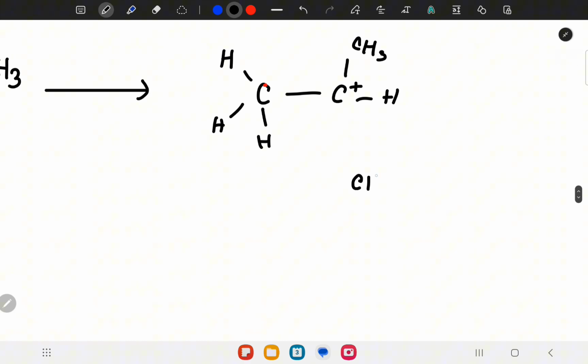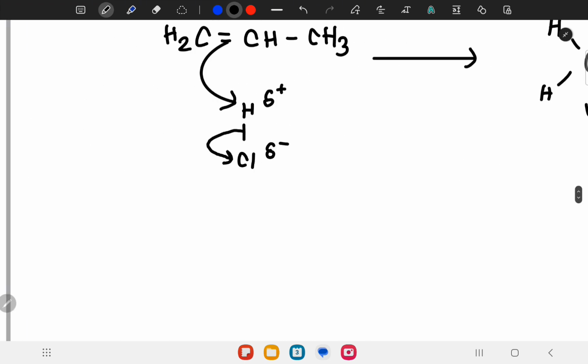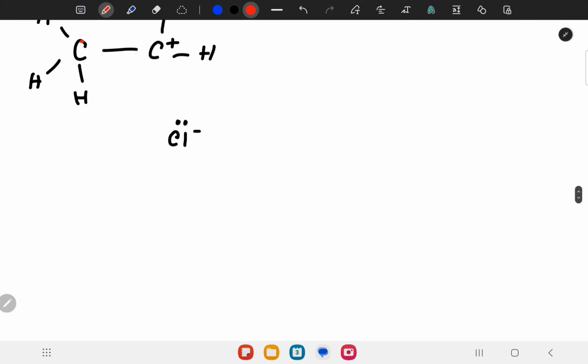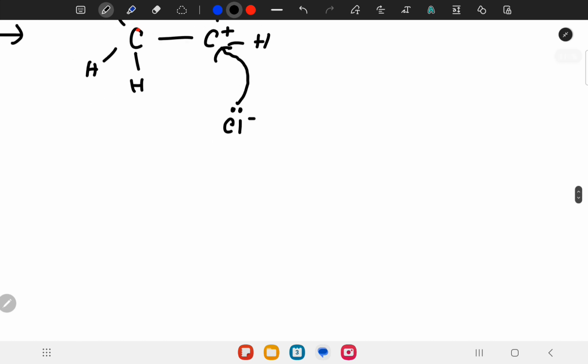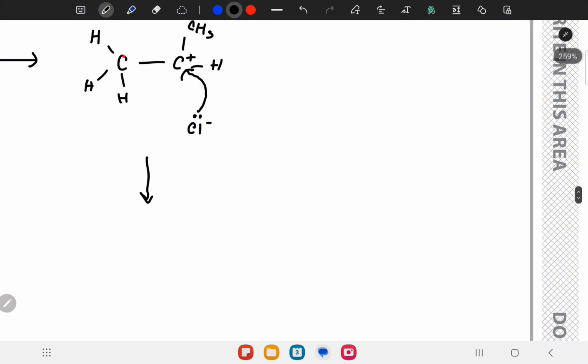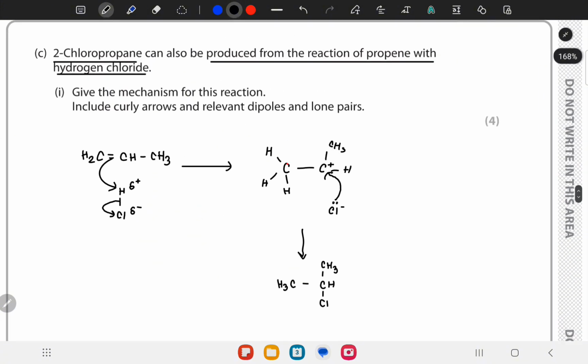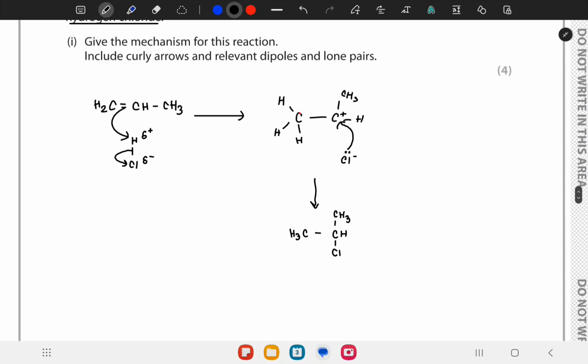The chloride ion that we have from this bond breaking will be here, and it will attack the carbocation over here with its lone pair of electrons, and we'll get H3C, CCH3. So that's the mechanism for this.